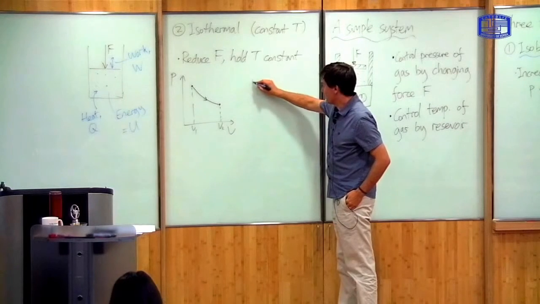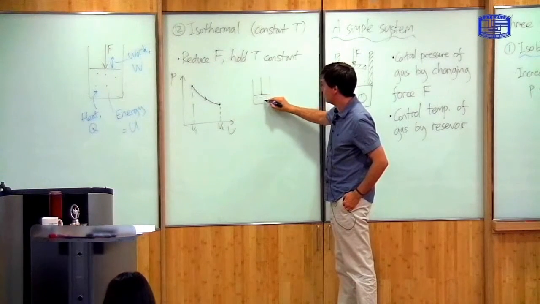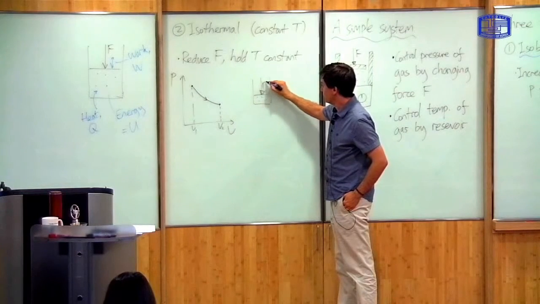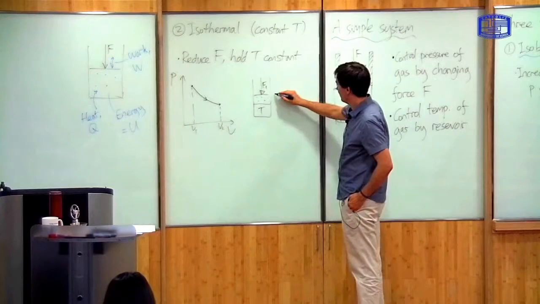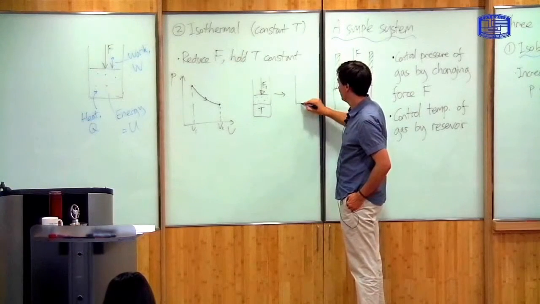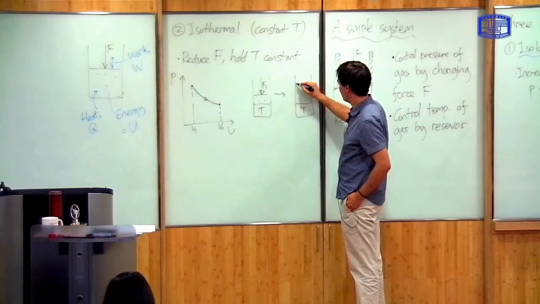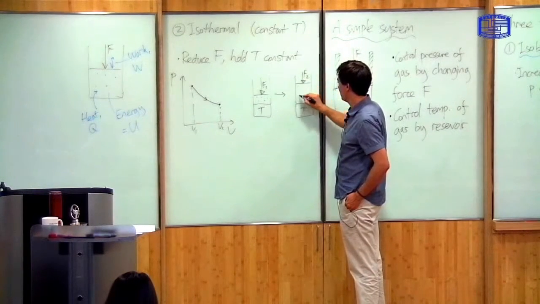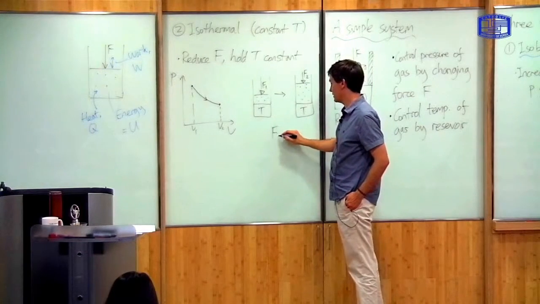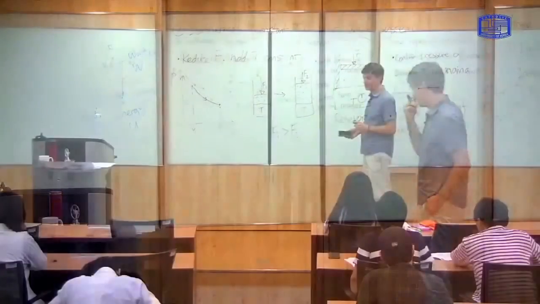If I draw the same thing in pictures, you start off with this compressed gas with a force F1 and temperature T, and you end up with the same temperature T, but you reduce the force and allow the gas to expand to force F2. In this case, F1 is greater than F2, so the force is reduced.